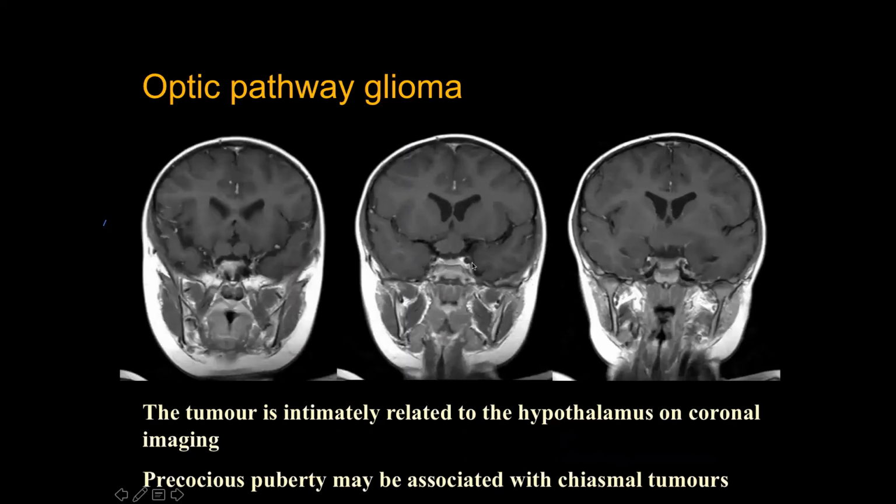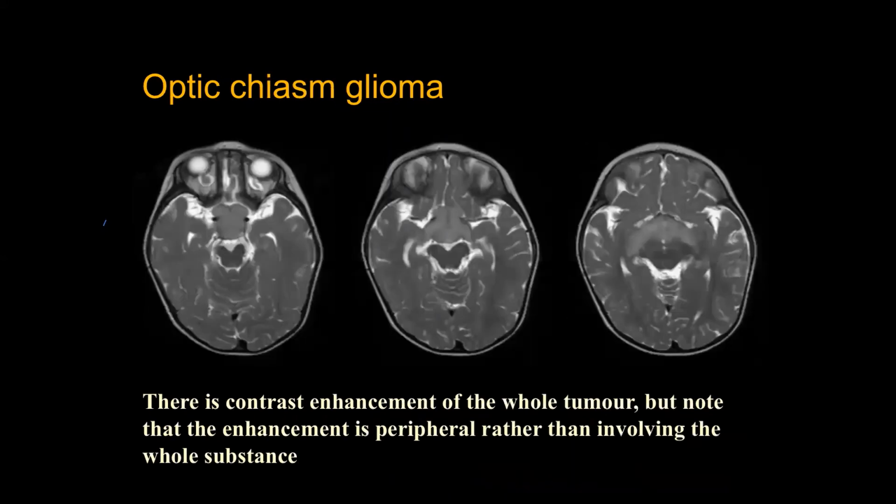When the chiasm is involved, it's intimately related with the hypothalamus and merges with it. Optic pathway glioma can be sporadic or related to NF1. This is another tumor. Same thing, the whole optic pathway is expanded by the tumor: optic nerves, optic chiasm, hypothalamus, optic tracts, and tracking back towards the lateral geniculate body.